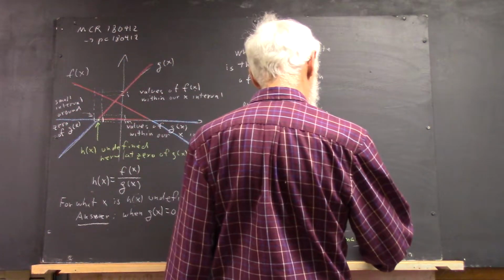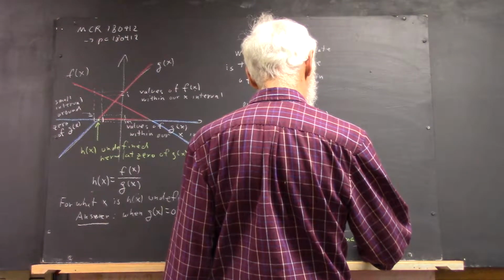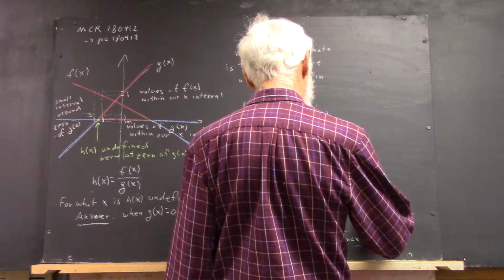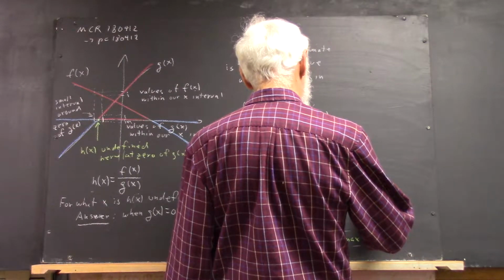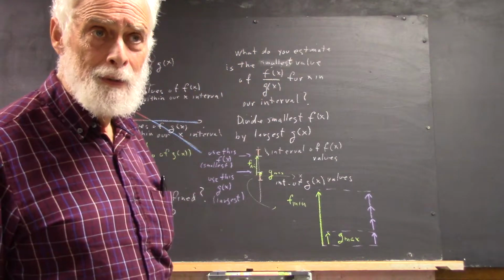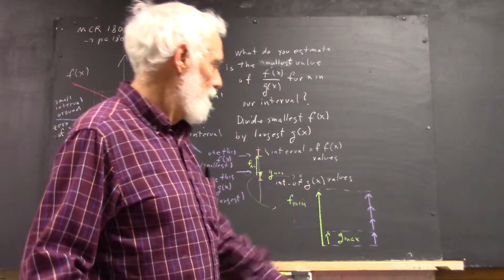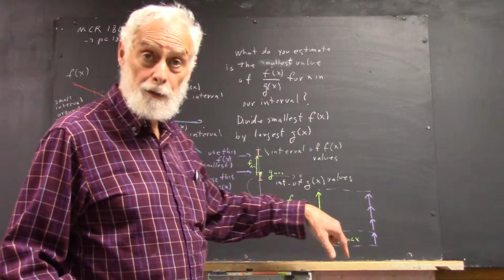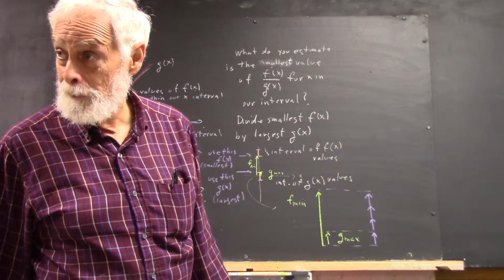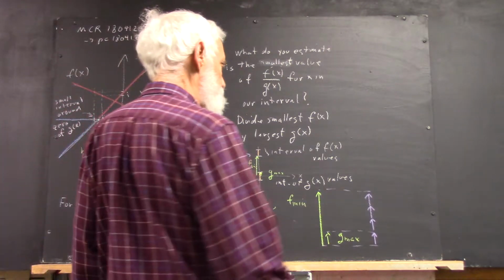Here's another g max. Here's another g max. Now the way I've drawn it here, there's another g max. Just because of the angle and I didn't do it all that accurately, it looks like it might be a little over 4, right?